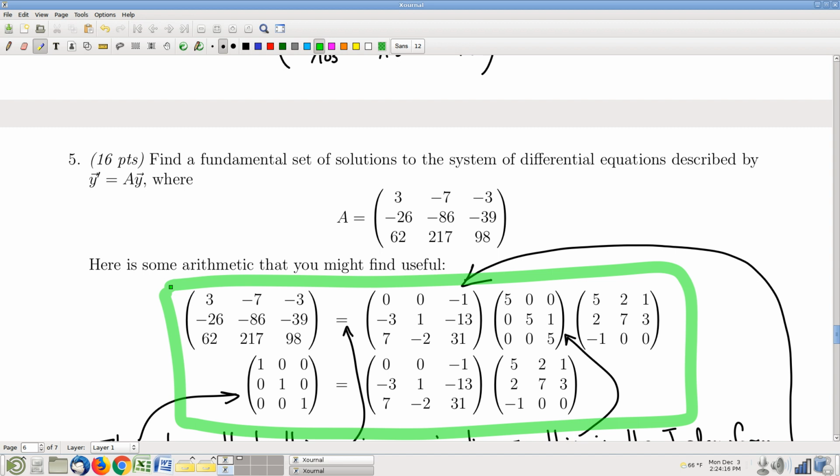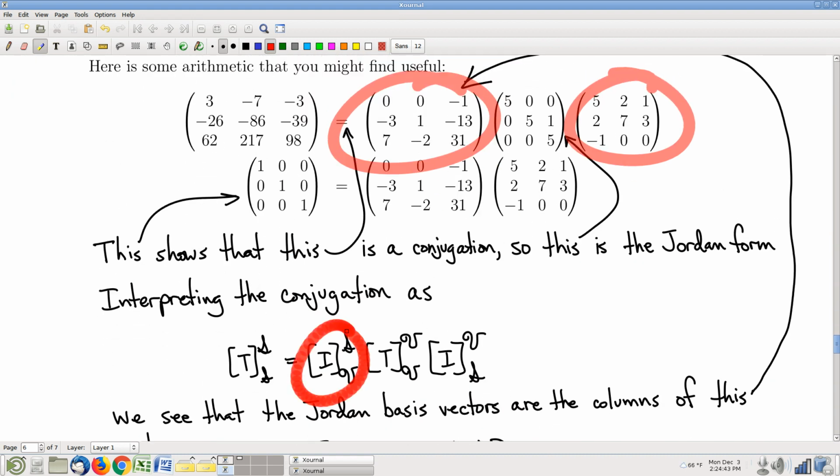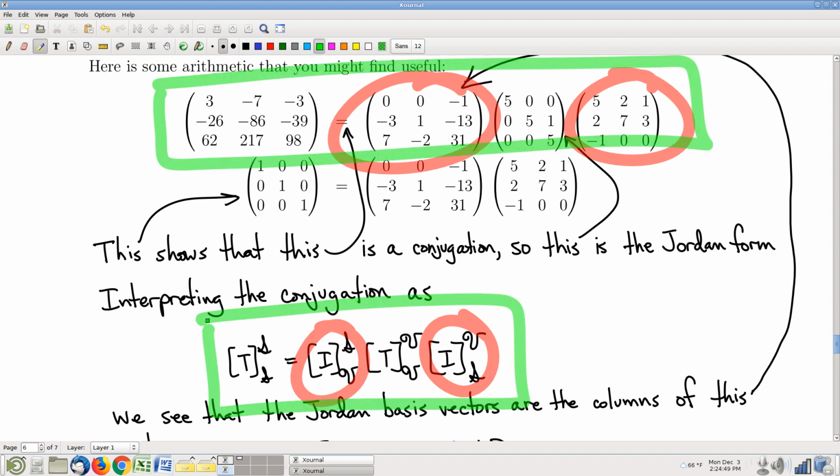Now, wait a second. Okay, that matrix is that matrix. So this is the A. Clearly, these matrices are inverses of each other, so this equation is a conjugation of this Jordan form. So this is the Jordan form for that A, but which one of these is my P? Which one is it? Okay, so again, different ways to think about this. I like to interpret a conjugation as a change of basis, and write it explicitly in change of basis language.